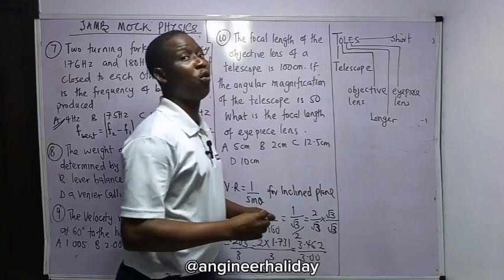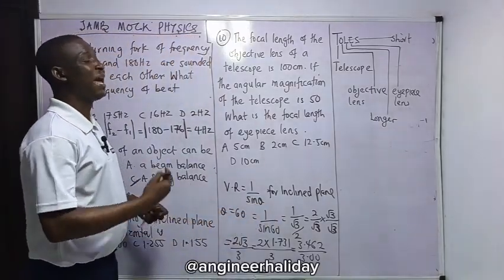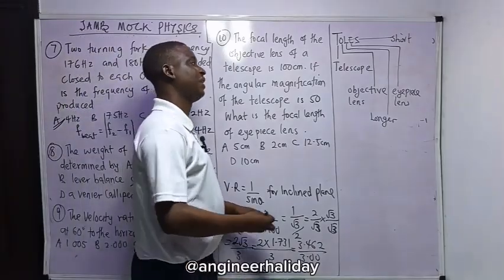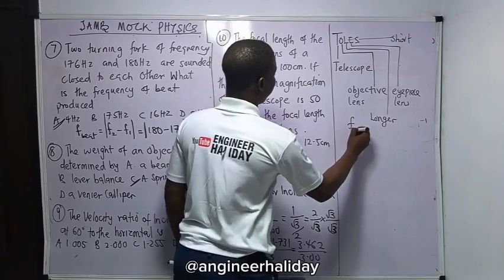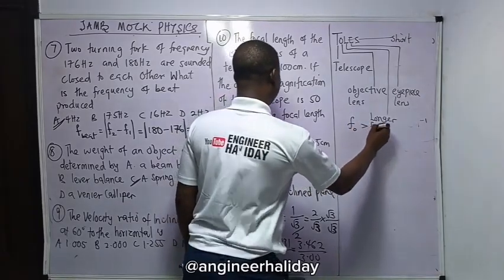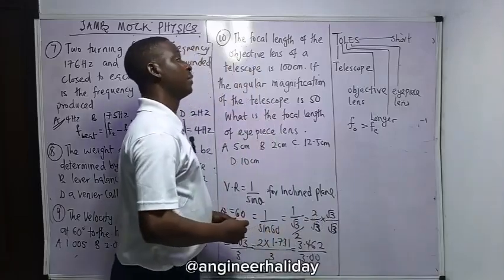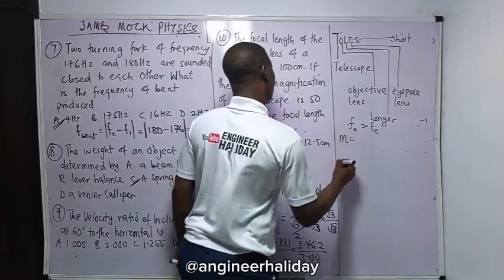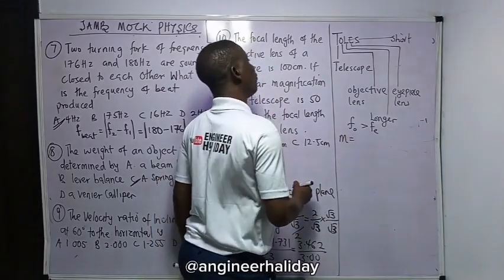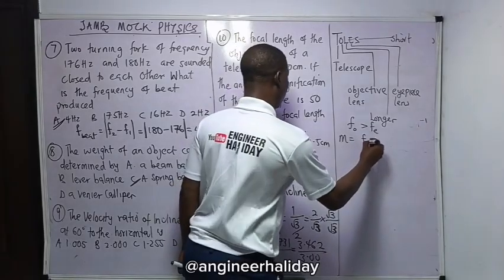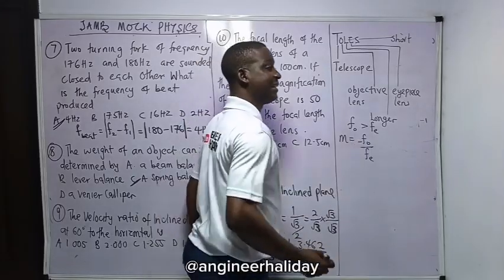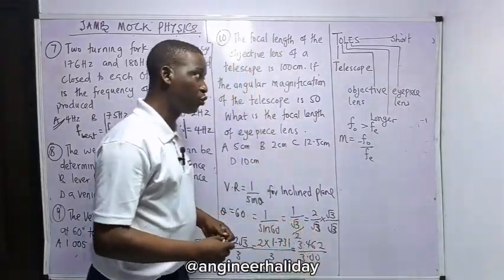So for all telescopes, they have a longer objective lens and a shorter eyepiece lens. That means their f naught is always greater than their fe. Now don't also forget that the magnification of a telescope is equal to f naught over fe, and the minus indicates an inverted image.